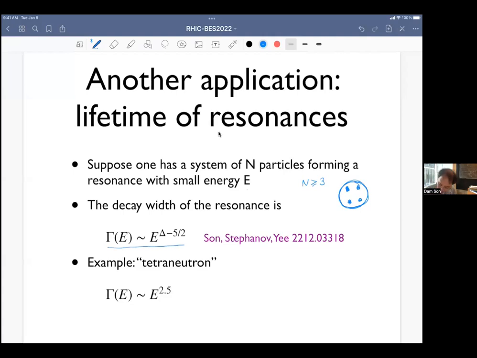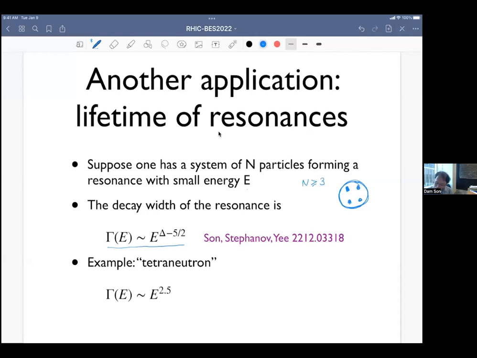In particular, we can apply this formula to hypothetical objects called tetraneutrons, which most people don't believe exist, but there are some experimental measurements that seem to point to a possible resonance formed by 4 neutrons.